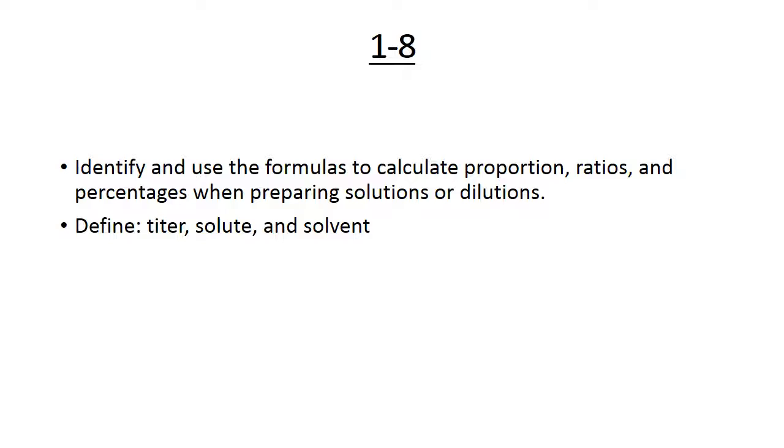Now, I don't love the problem for how to prepare percent solutions, weight per volume. We're not going to give you any kind of weight per volume solution, or a volume or a weight.